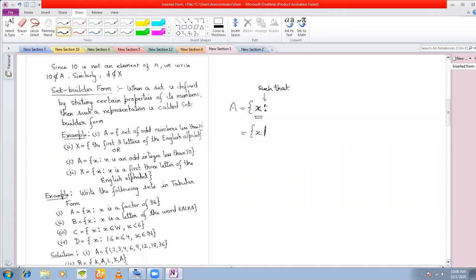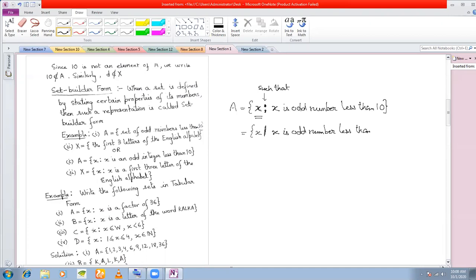and we are writing X such that X is an odd number less than 10. Or you can write X and a vertical line, X is an odd number less than 10.